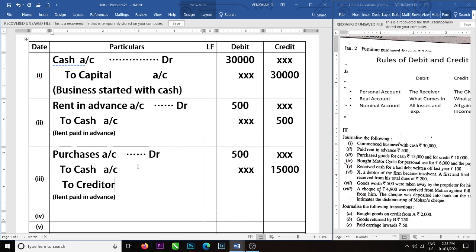Maybe his name is there, but now we are calling him a creditor. 10,000. Total 25,000. Goods purchased for cash and credit.